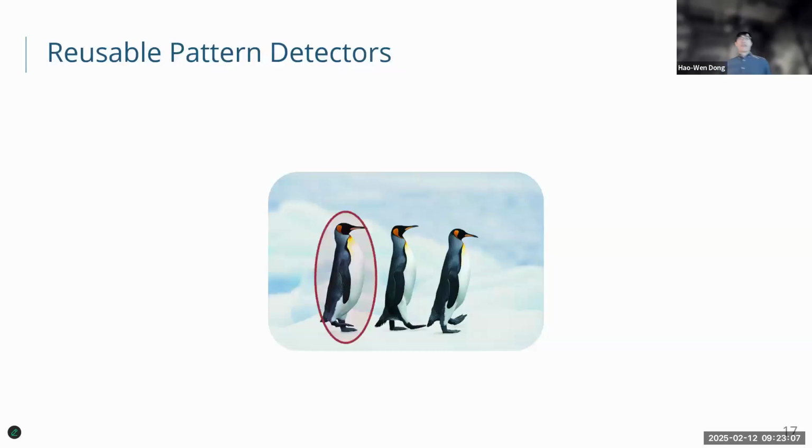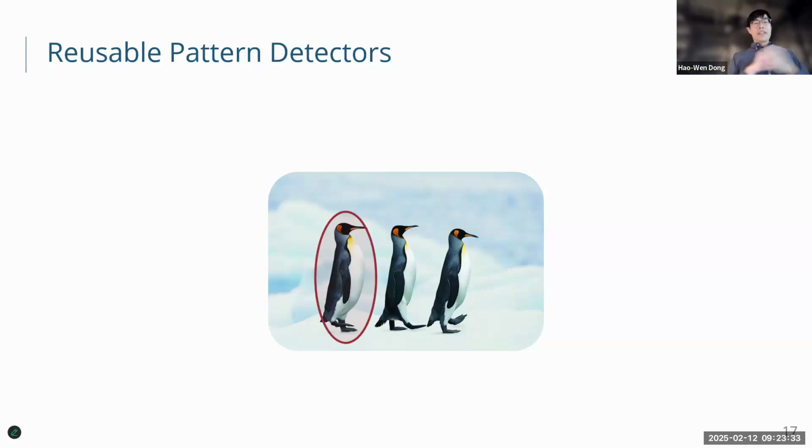Cool. So what do reusable pattern detectors mean? Look at this image: there are 3 penguins. We can see that, but for the model, it's just a bunch of pixels. It doesn't make much sense for this model to realize that there are 3 similar things going on in this image.